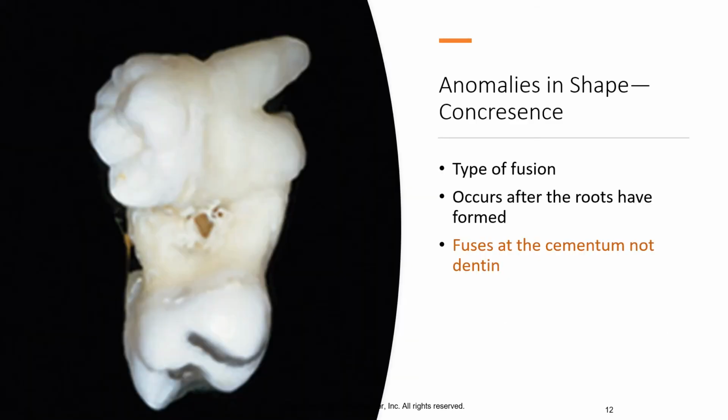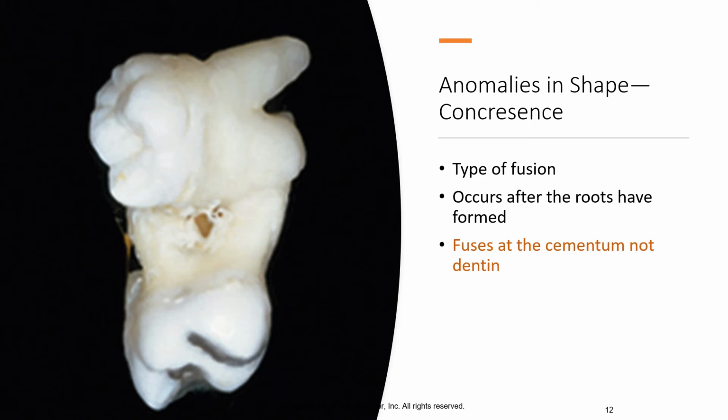Anomalies in shape, concrescence. Concrescence is when there is fusion between the roots only at the cementum. It's different from actual fusion, which is at the dentin. Okay? And this can happen either before or after the teeth erupt, but it can only occur after the roots have formed.